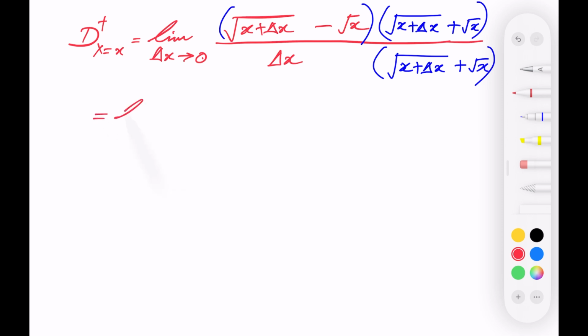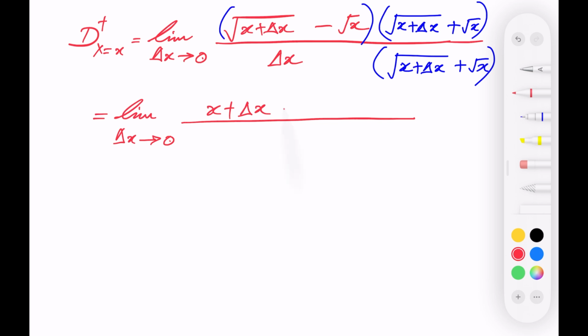This is equal to limit delta x approaches 0. On the numerator, how do you simplify that? We have it like a minus b times a plus b, which is equal to a squared minus b squared, with a equals square root x plus delta x and b equals square root x. Then when we say a squared, it is square root x plus delta x squared, which becomes x plus delta x.